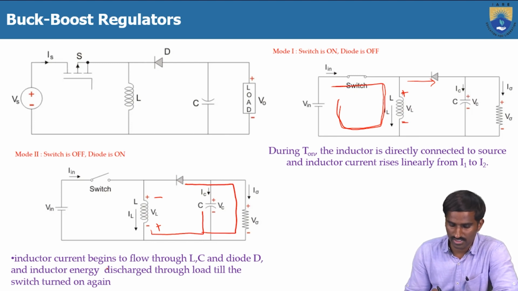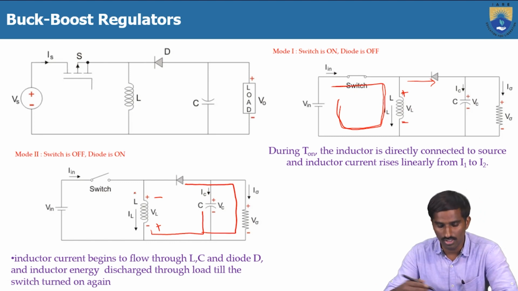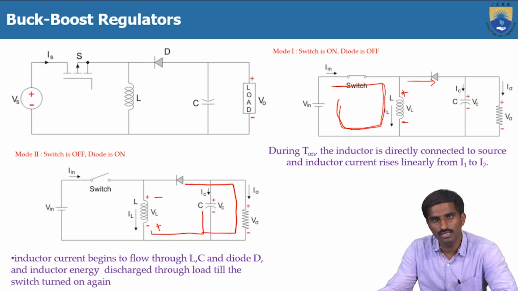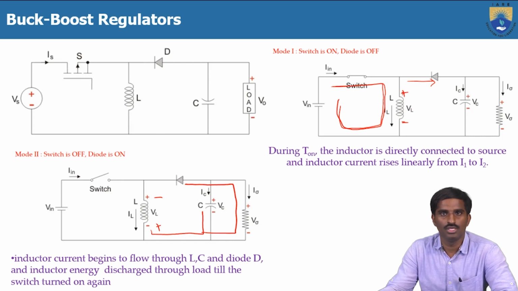So the inductor current begins to flow through L, C and the diode D, and the inductor energy discharges through the load till the switch turns on again. So how long will it discharge? Till the switch is turned on again. This is how the buck boost regulator works.